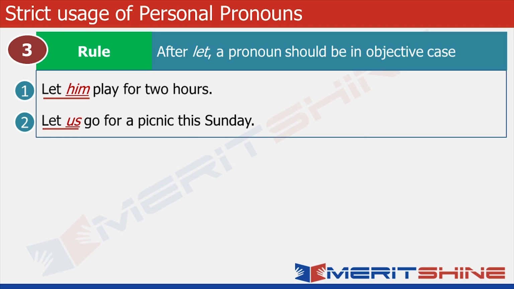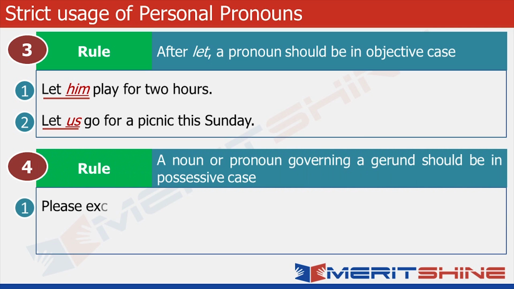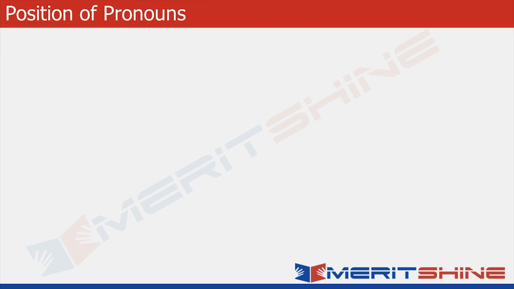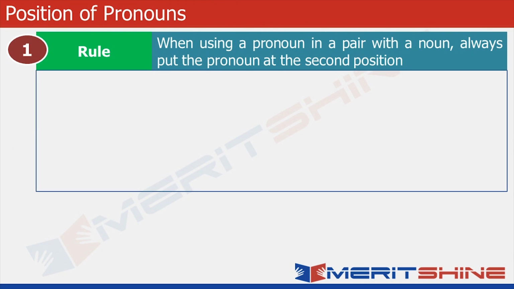A noun or pronoun governing a gerund should be in possessive case. Please excuse my, not me, being late. He emphasized my, not me, going there. When we are using a pronoun in a pair with a noun, we should always put the pronoun at the second position. Let us see a few sentences.